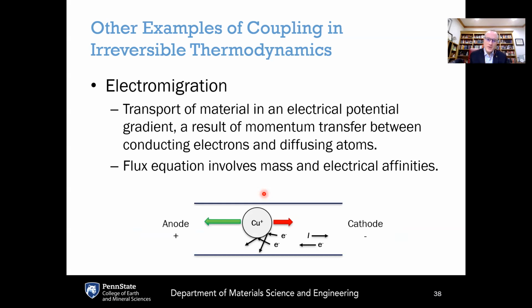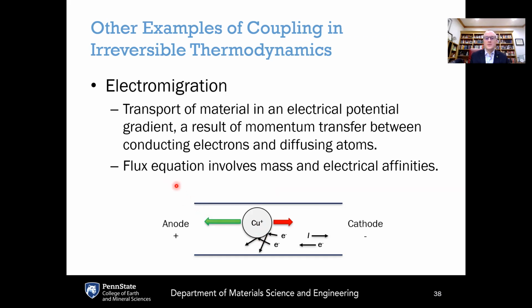One final example is electromigration. Here we've got the transport of material in an electrical potential gradient. And this results from a momentum transfer between the conducting electrons and diffusing atoms. So if you've got, say, copper diffusing here, the copper can have interactions with the electrons where they transfer momentum between each other.